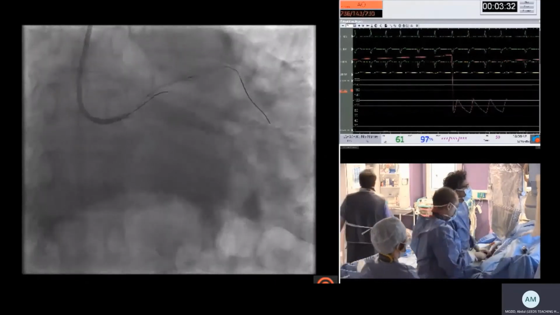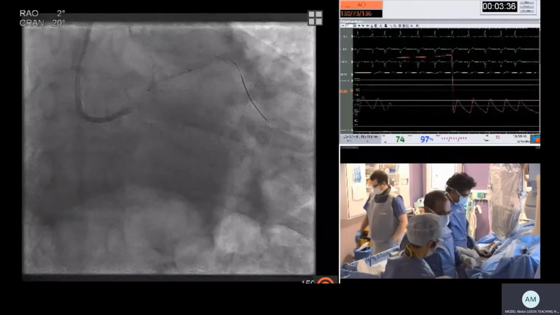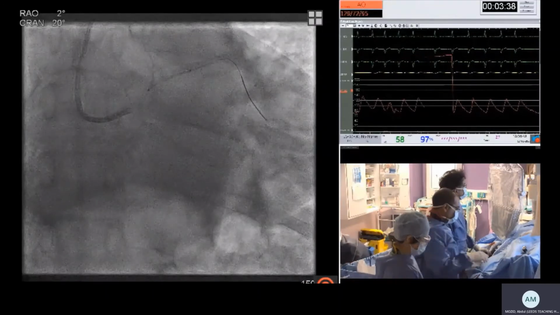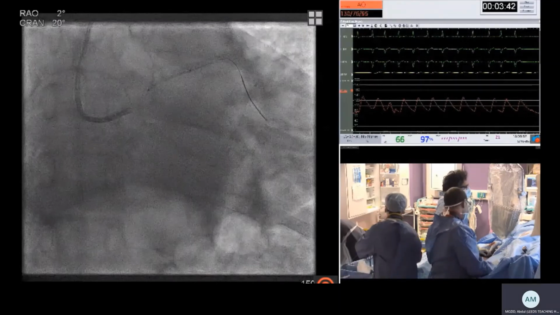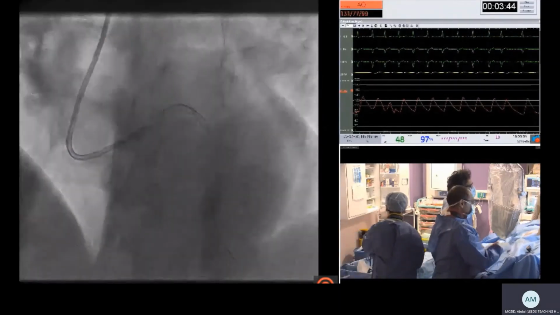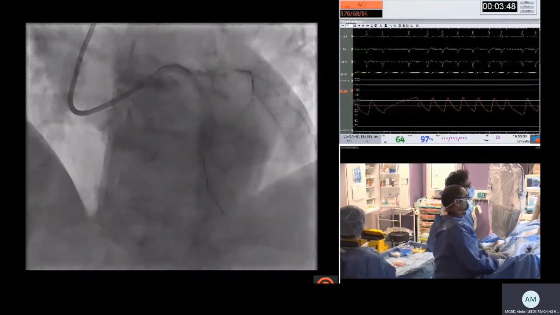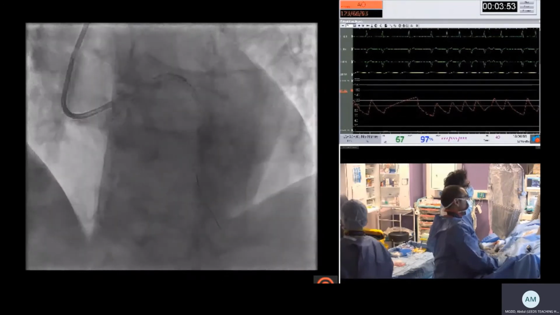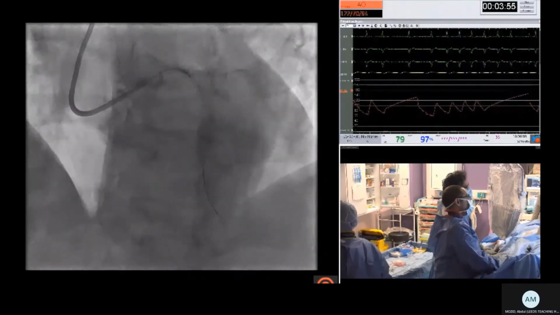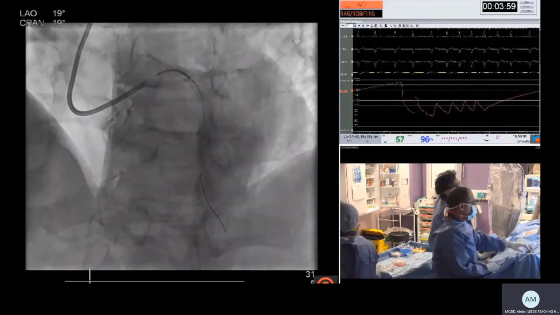So here the circumflex wire is now removed to avoid jailing in a crushed stent. And we then go back to the LAO cranial view to ensure ostial coverage for the left main stem.